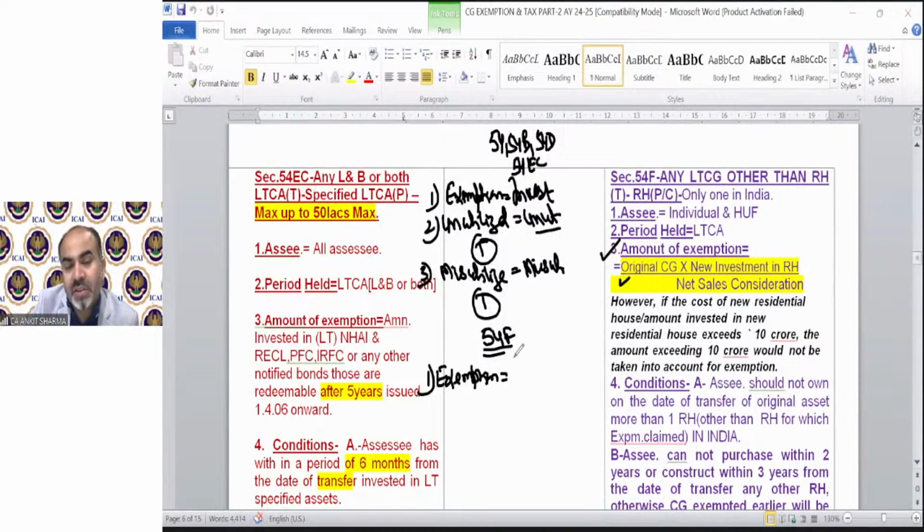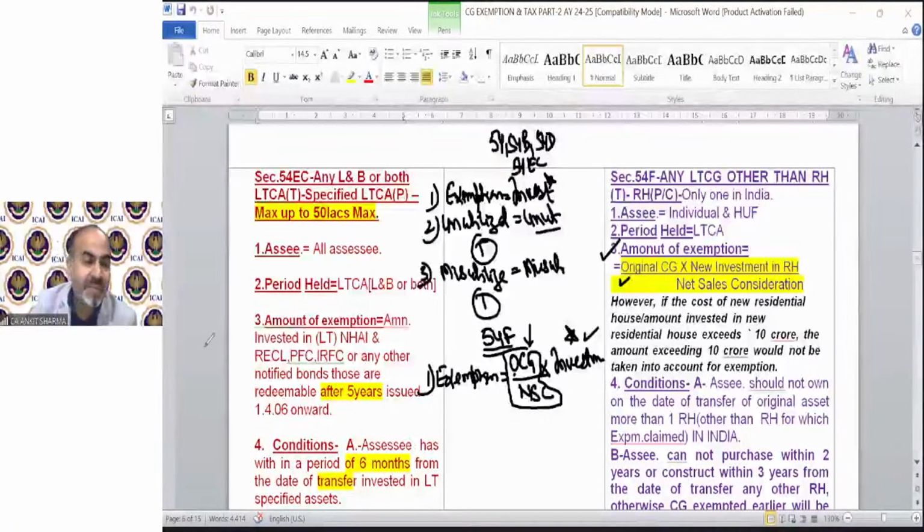This formula says original capital gain upon net sale consideration multiplied by investment. In other cases, the investment amount is the exemption. Now we have to multiply this proportionate value by the investment amount to find the exemption. This is the new thing inserted in section 54F, because we are not going to give you full exemption under section 54F.